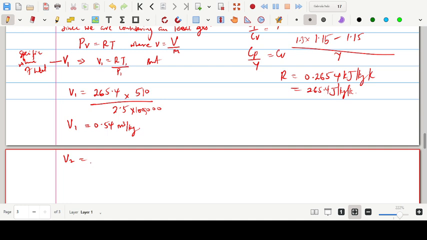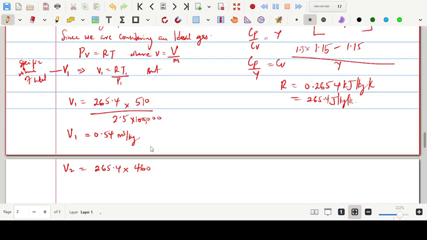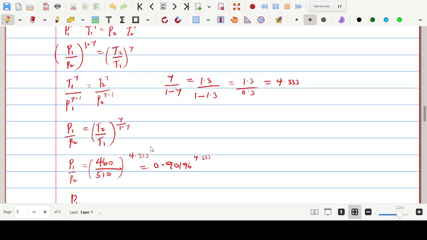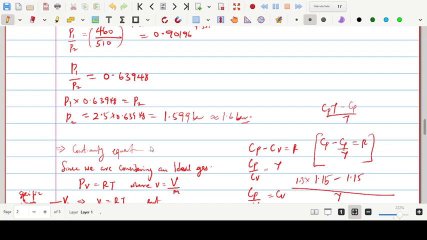So we'll do the same thing for V2. For V2, which is the outlet, R remains the same. It is 265.4 multiplied by T2. What's our T2? Let me confirm. We calculated it.